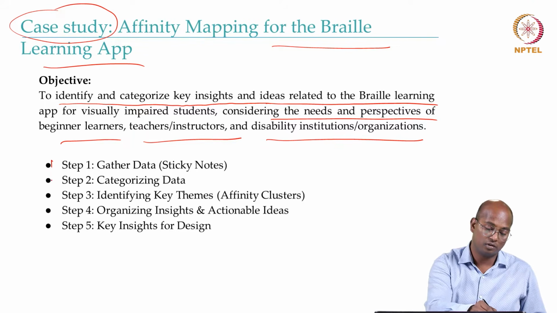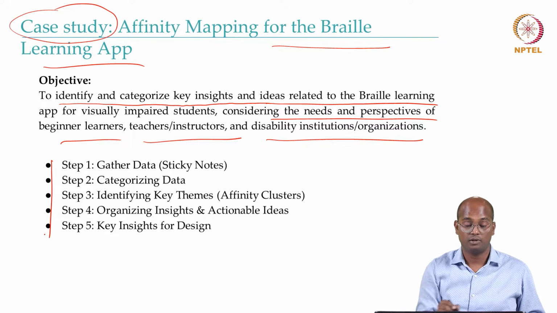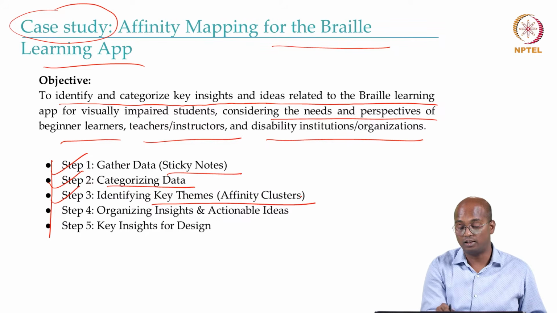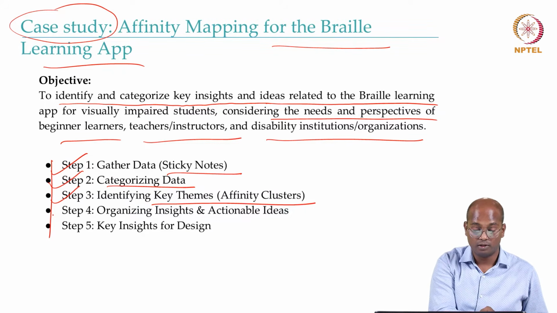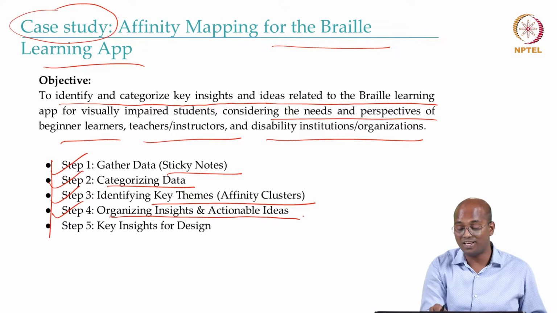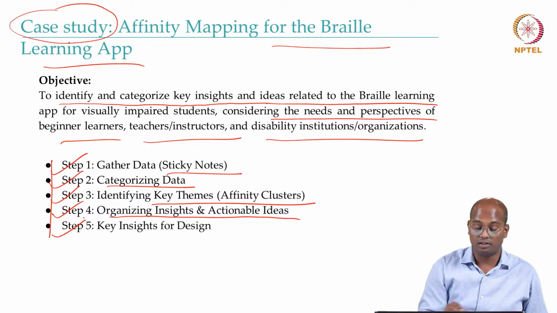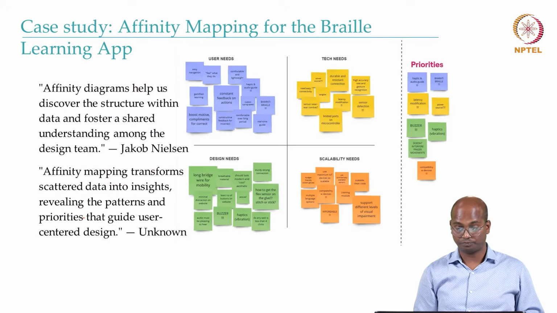So it includes the following steps. Step 1, gather data, sticky notes. Step 2, categorize data, identify key themes, that is the affinity cluster we call it. Step 4 is organizing insights and some actionable ideas. And finally, the key insights for the design.